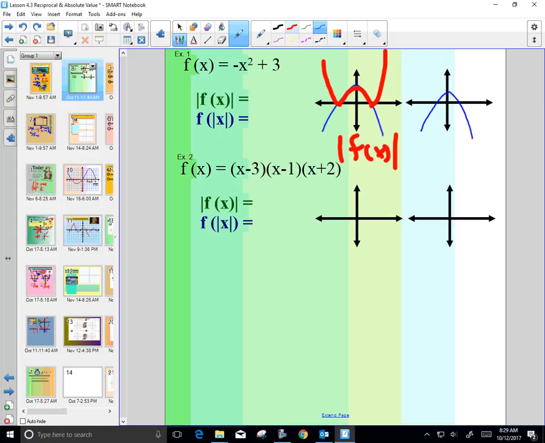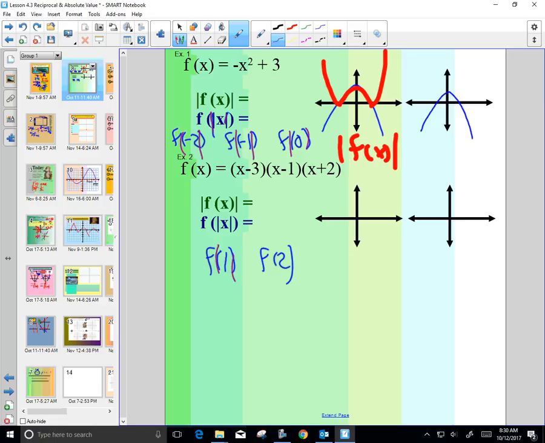If I took f of negative 2, f of negative 1, f of 0, f of 1, f of 2, okay? When I say absolute value here, what am I doing to these x's?